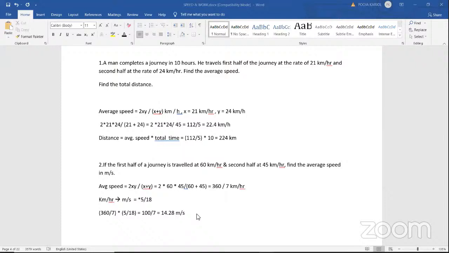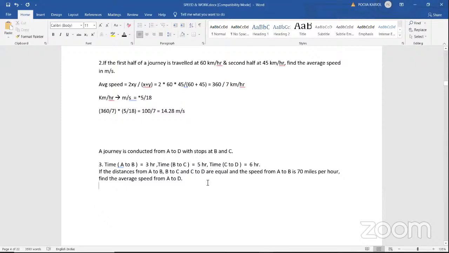Try this question. A little bigger. Okay. Try. 4.5 miles per hour.